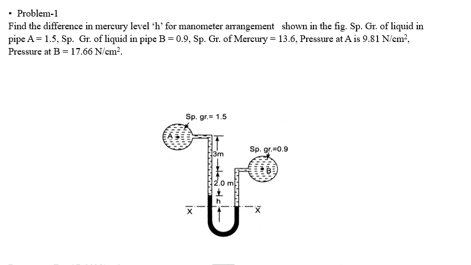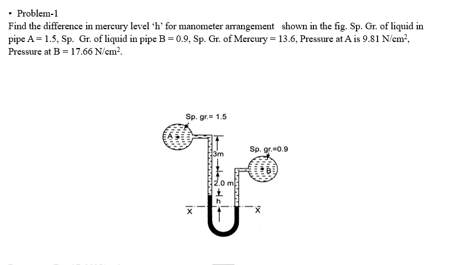In the left column, up to a height of 3 plus 2 meters, that means a total of 5 meters, the liquid of specific gravity 1.5 is available.